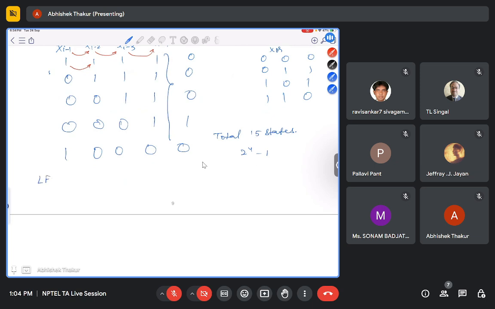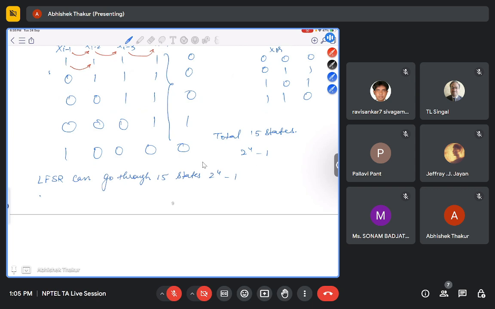So a linear feedback shift register can go through 15 states, that is 2 to the power of 4 minus 1.